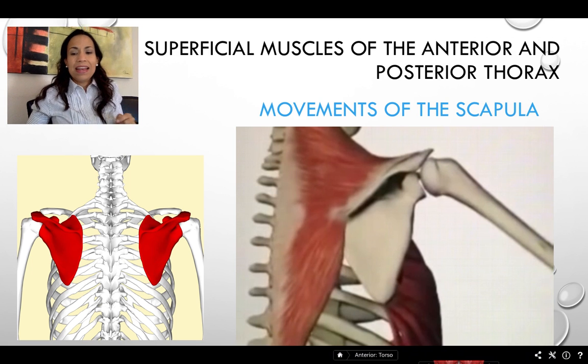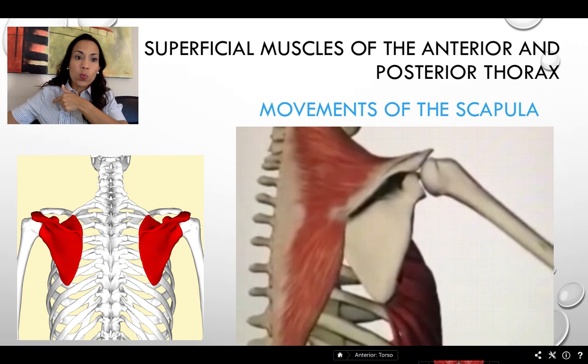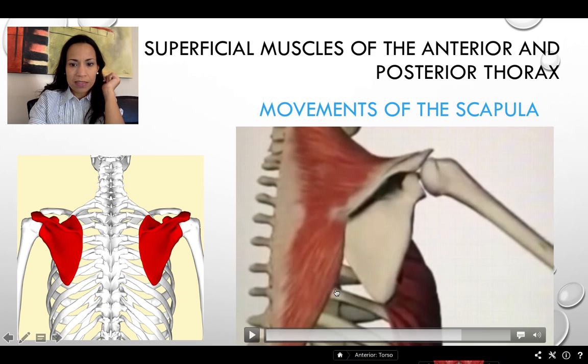Now we're going to describe upward and downward rotation of the scapula. Understand that this is not a movement that we can isolate. This movement happens as we abduct the arm. When you abduct the arm, see that the inferior angle of the scapula down here swings laterally, like raising this angle of the scapula.